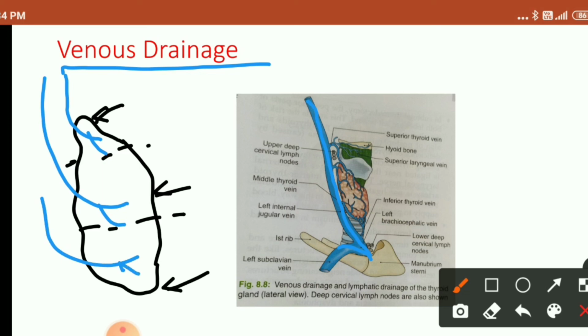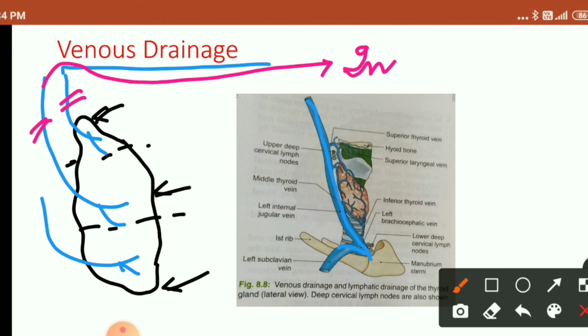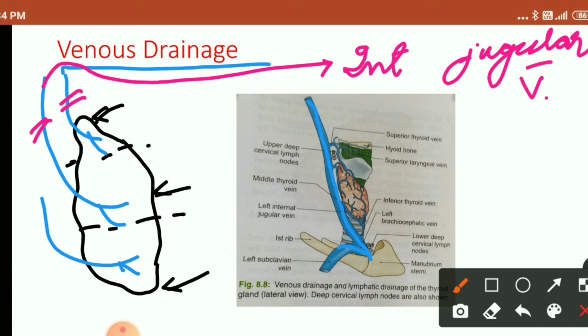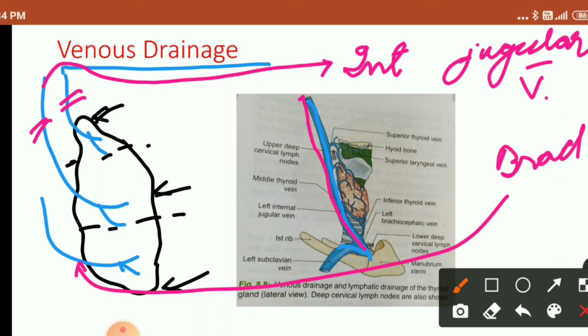Now you see that the superior and the middle thyroid veins both drain into the internal jugular vein. Here this is the internal jugular vein. And the inferior thyroid vein will drain into the brachiocephalic vein.